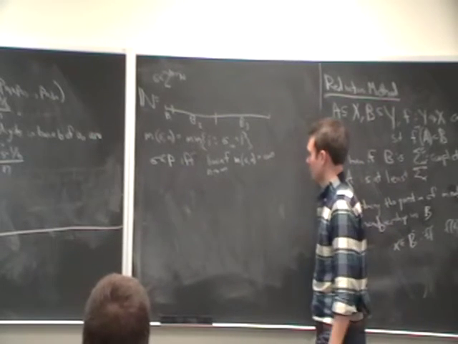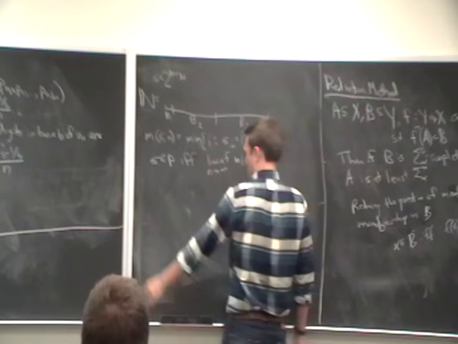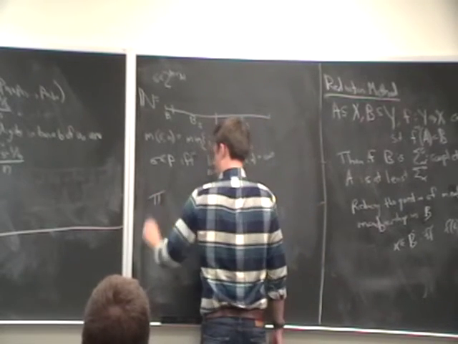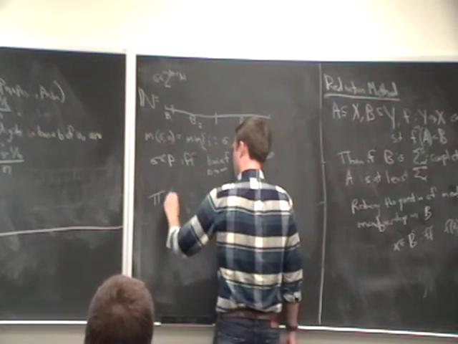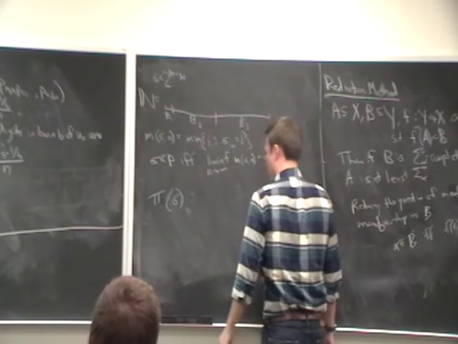Okay, and so now we're going to construct our continuous mapping pi of sigma. This is going to define a real number.